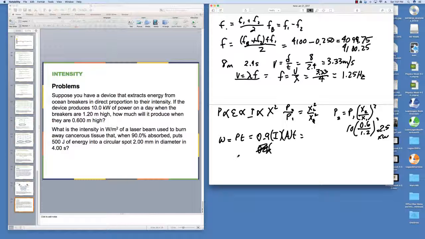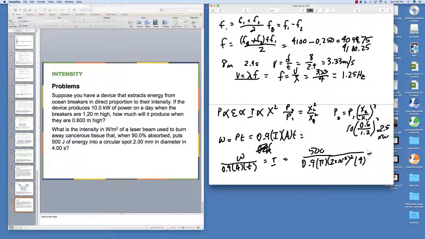So we have I equal to W over (0.9 times A times T), which is 500 divided by 0.9 times pi times (2 times 10 to the minus 3) squared, that's pi r squared, times 4 seconds. So the intensity is going to equal 1.11 times 10 to the 7th watts per meter squared.